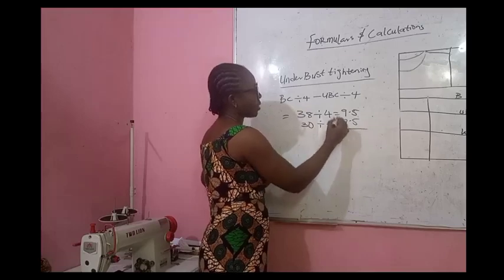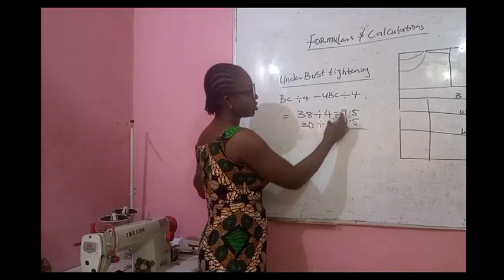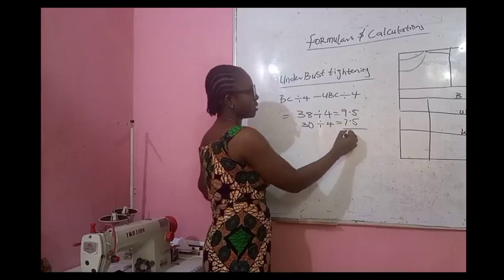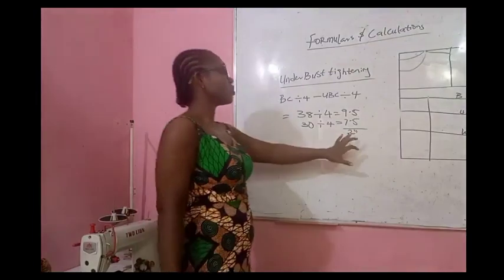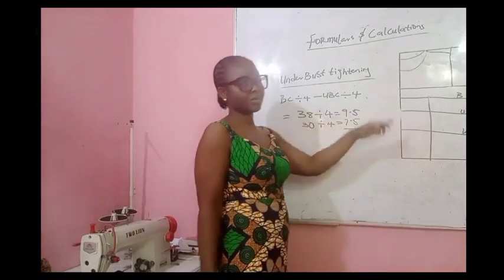So altogether, we're going to minus this from this, and it is going to give us 2 inches. That is the answer that we have. So this 2 inches is what we're going to use to tighten our underbust.